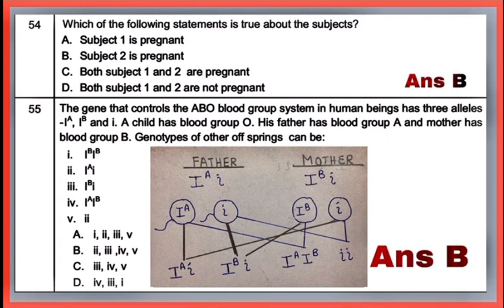A child has blood group O, his father has blood group A and mother has blood group B. Genotypes of other offspring can be option B. It can be IA i, IB i, IA IB and ii. Check the solution to get the answer.